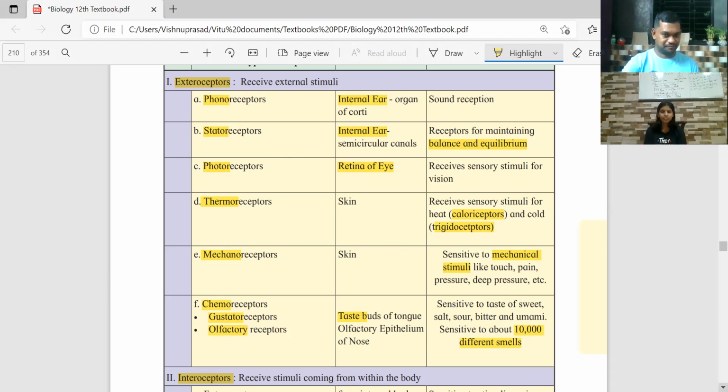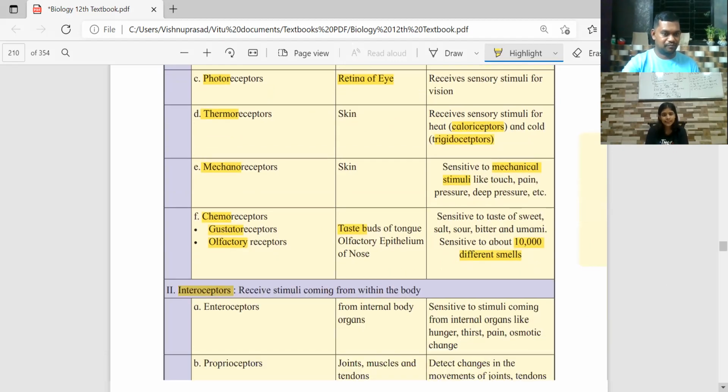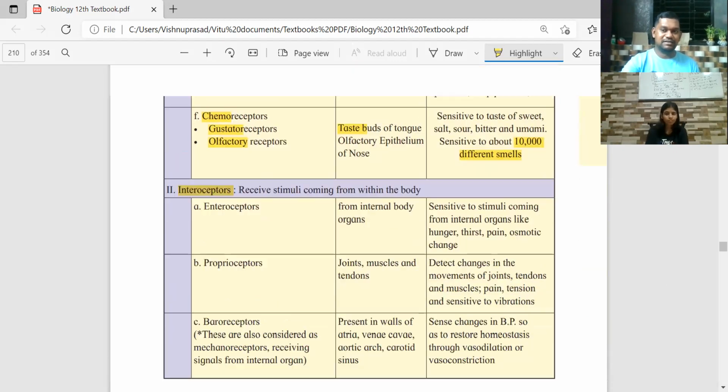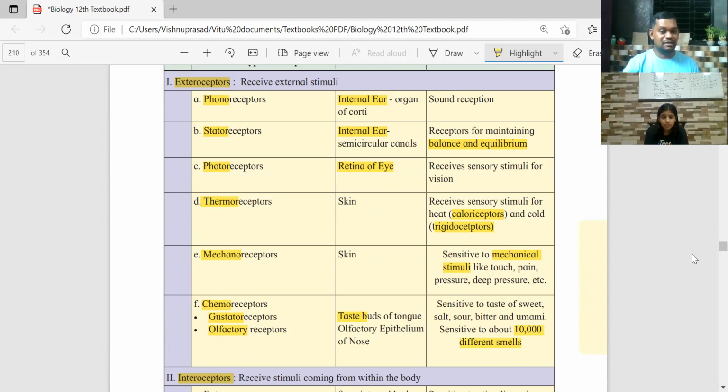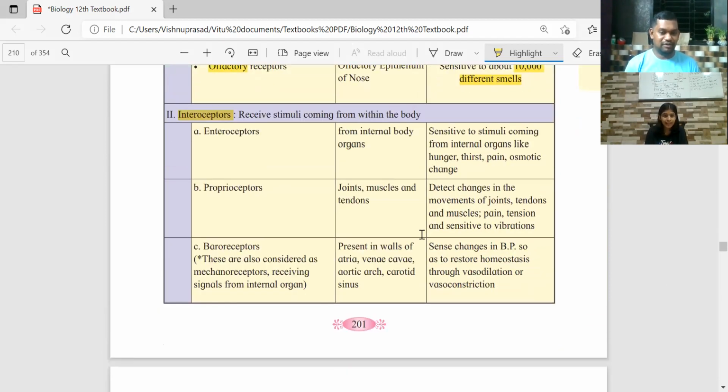Is that understood? The receptors and their types. Questions can come on this, like: the receptors involved in taste are called dash receptors. The answer is gustatory receptors. Next, coming to interoreceptors. Intero means within the body.